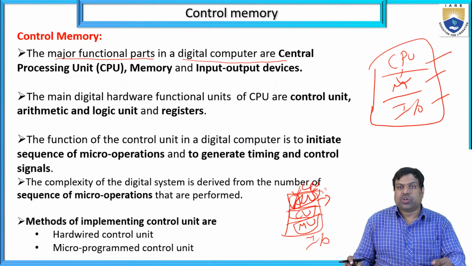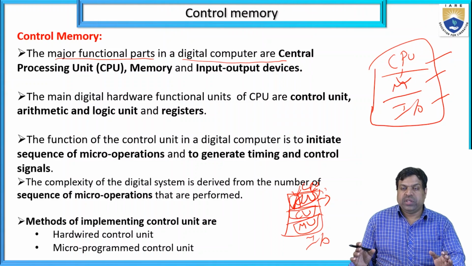The function of the control unit in a digital computer is to initiate the sequence of micro operations and to generate timing and control signals. How we are controlling means, in a limited time period, generating the timing signals between the arithmetic logic unit, memory unit, and input-output units.